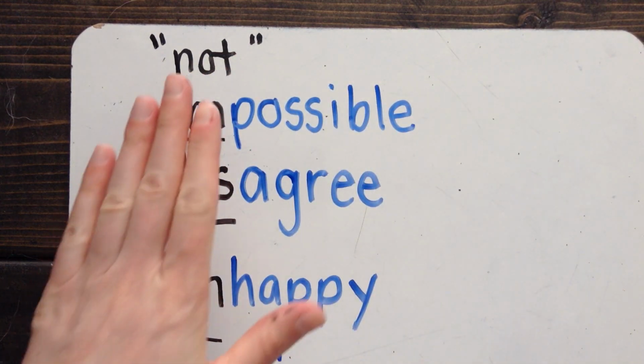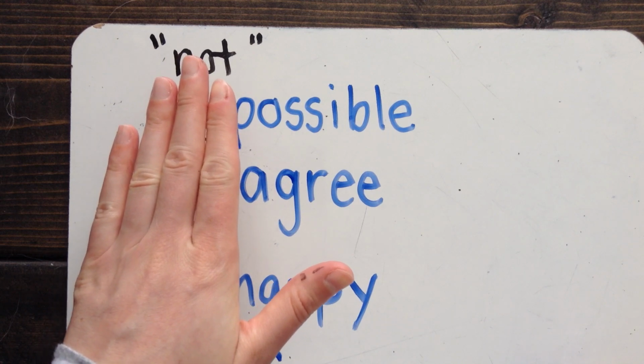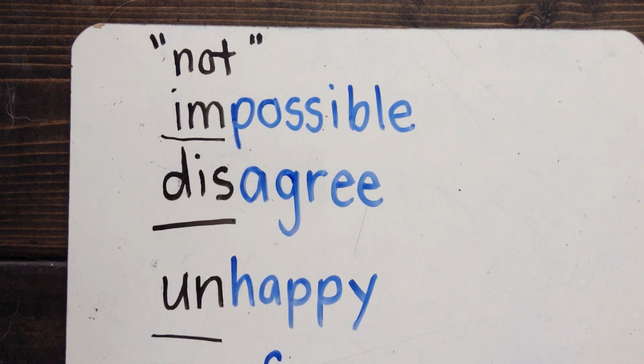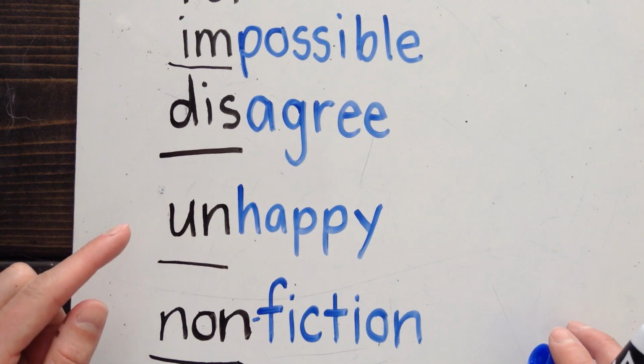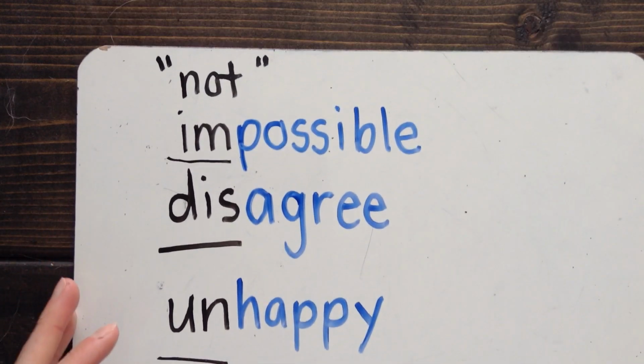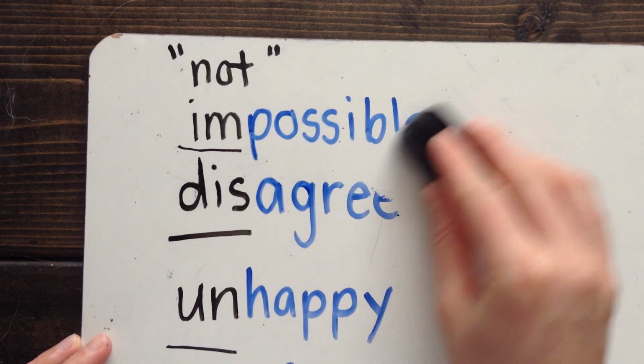If you take away the prefix, it says possible. But with the prefix, it makes it the opposite. Impossible, not possible. Im, dis, un, non all have the same meaning, not. When they're added to the beginning of a word, they typically imply the opposite.